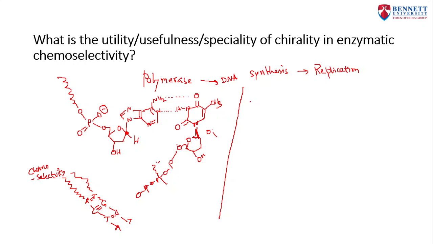Now imagine you have put in the other stereoisomer of the adenosine. The other stereoisomer of adenosine would look something like this. I'm just changing this position, and not the others. So this is how the other stereoisomer is going to look. Hydrogen would be on the top and the nitrogenous base would be on the bottom side.